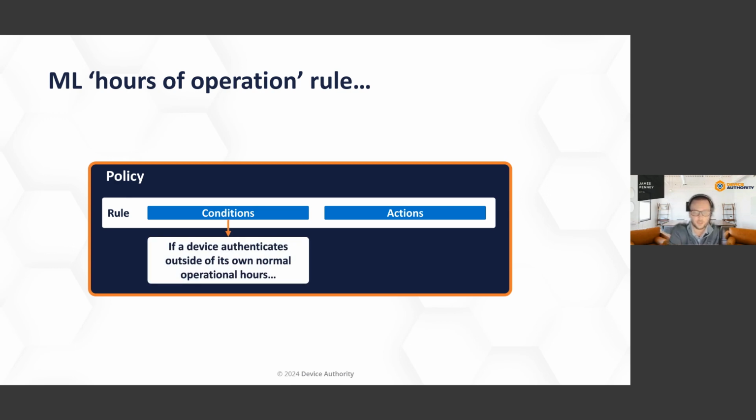If a device authenticates outside of its own normal operational hours, if I could teach my system what good looks like for all of my devices, regardless of what they do, regardless of how they differ from each other, what does good look like for that particular device?